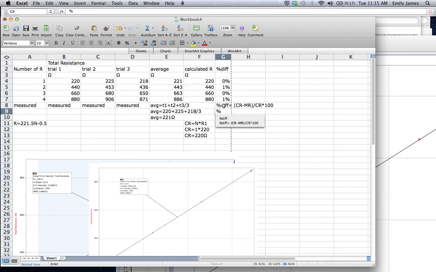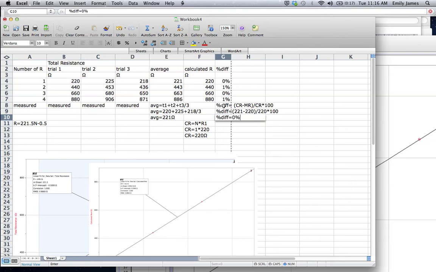So percent difference equals 221 minus 220 divided by 220 times 100. So percent difference equals 0%.